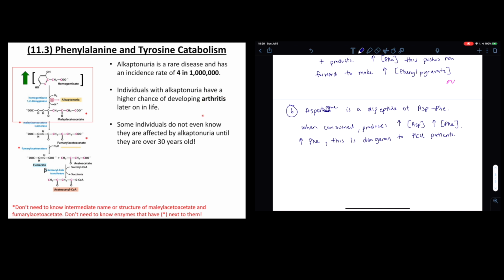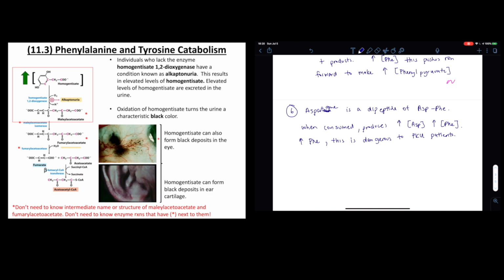It's not that bad in terms of all that, but it's kind of interesting. Usually people who are affected by this disease don't even realize it until they're over 30 years old. They just think that it's normal to have those black deposits there, but that's what causes this disease. So you have a lack of this enzyme.